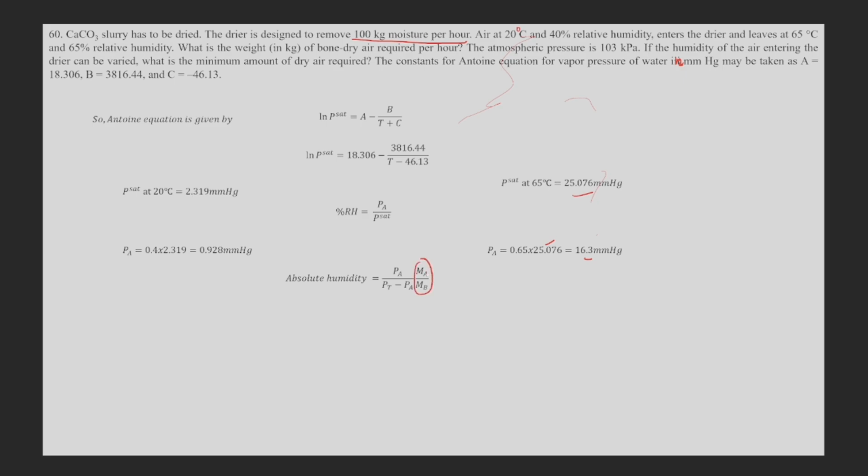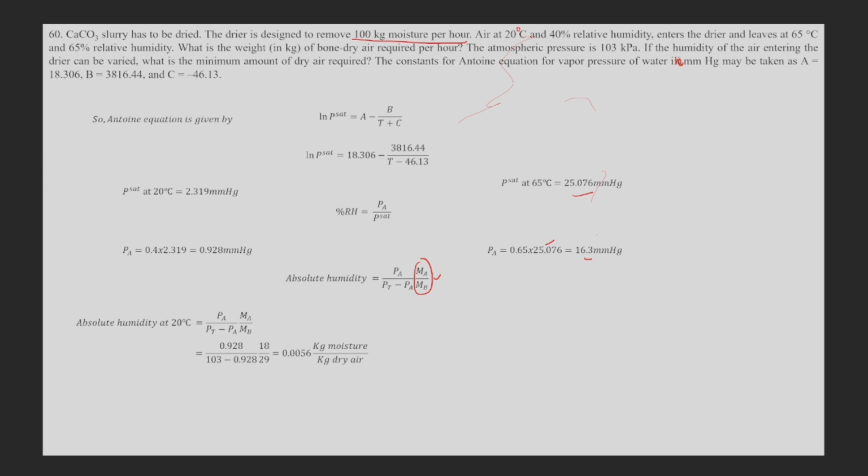Now the formula for absolute humidity: if you do not add Ma upon Mb, it will give molar humidity. After adding this, it will give absolute humidity. Absolute humidity is in kg, molar humidity in moles. After putting all the values, absolute humidity at 20 degrees Celsius: we just calculated Pa, Pt is 103, and Ma and Mb we know, 18 upon 29. 18 is the molecular weight of water, 29 is for air.